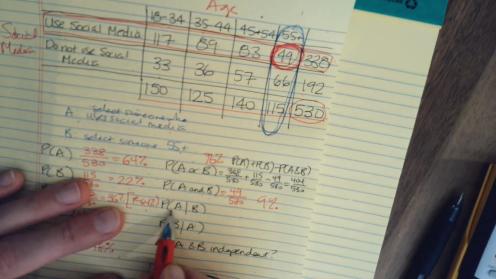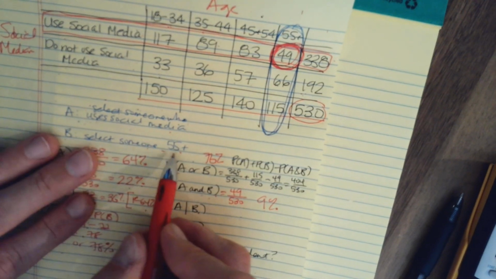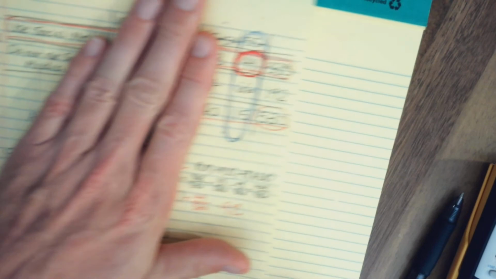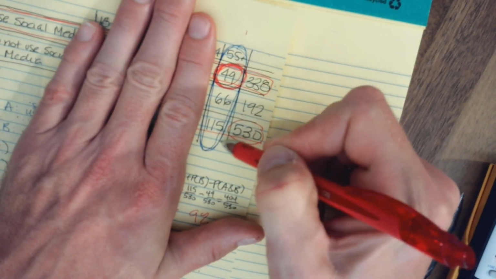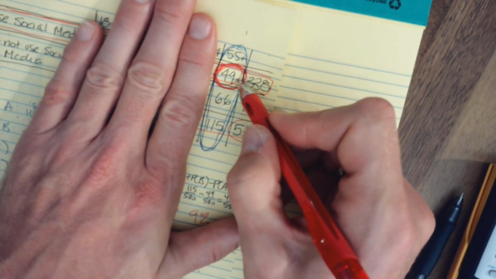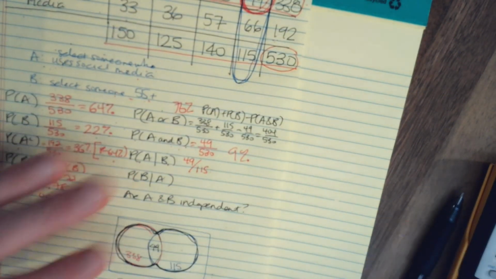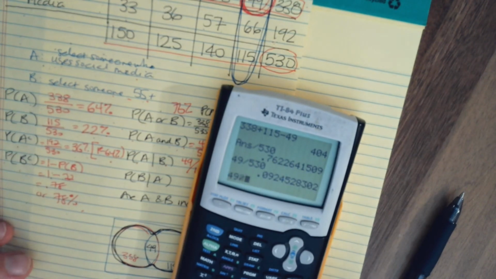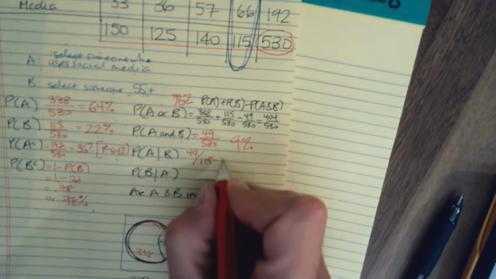So A given B. So I've narrowed it down to just the people who are 55 or older. So basically, I'm only considering this group. Now, there are only 115 people in that group. 49 of them use social media. So this is 49 out of 115. In other words, 49 divided by 115 is 43%.